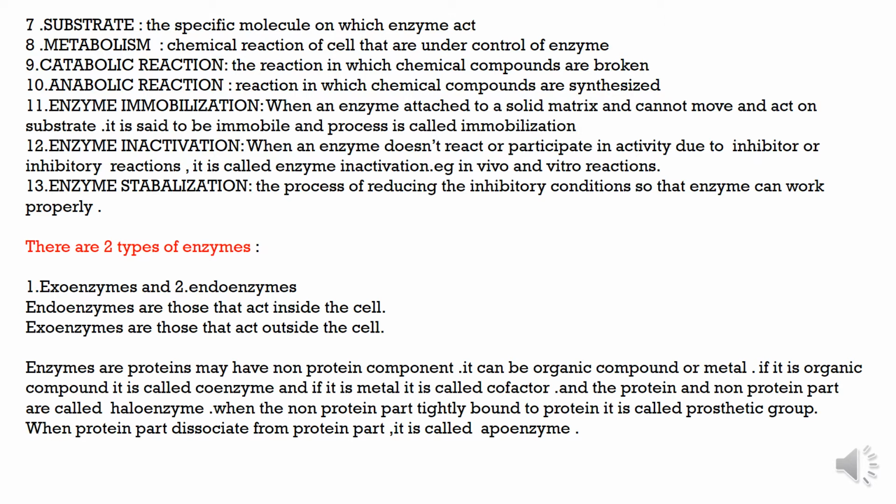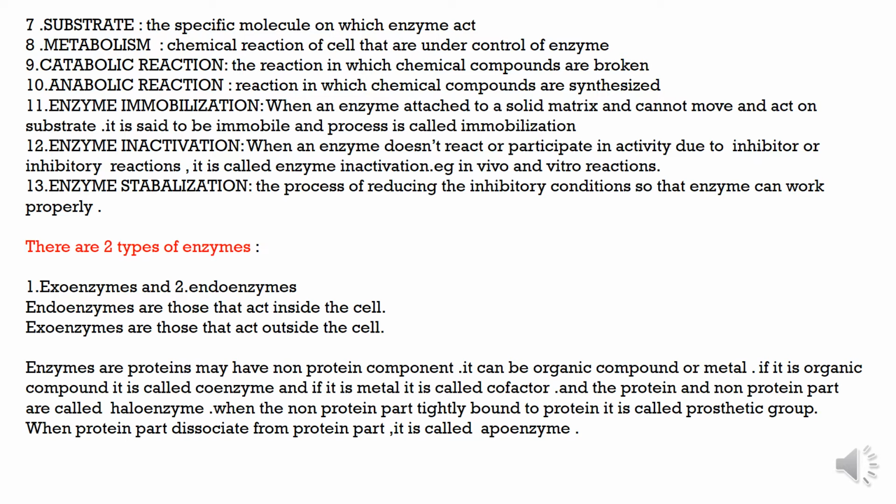Substrate: the specific molecule on which enzyme acts. Metabolism: chemical reactions of the cell that are under control of enzymes. Catabolic reactions: the reactions in which chemical compounds are broken down. Anabolic reactions: the reactions in which chemical compounds are synthesized. Enzyme immobilization: when an enzyme is attached to a solid matrix and cannot move and act on substrate, it is said to be immobile, and the process is called immobilization.